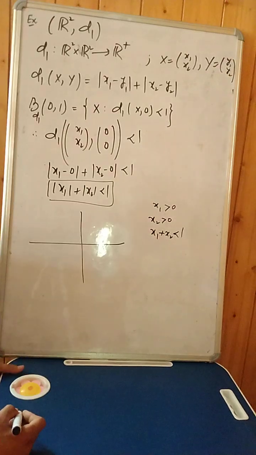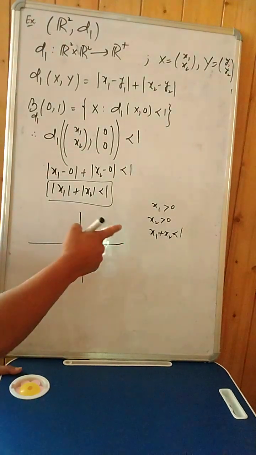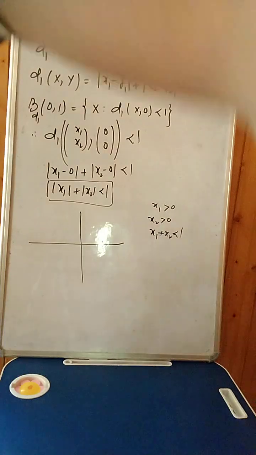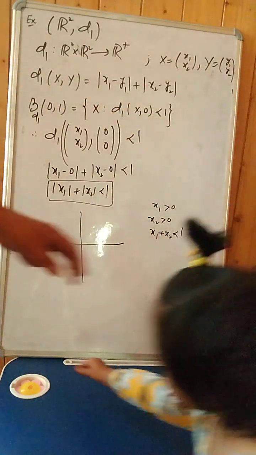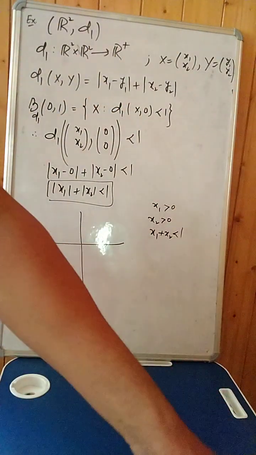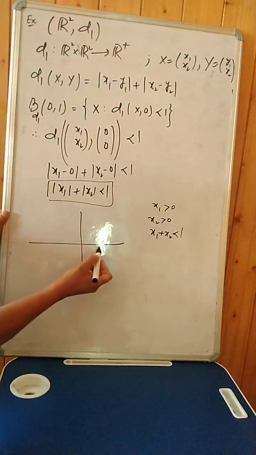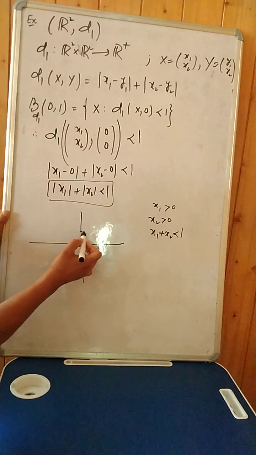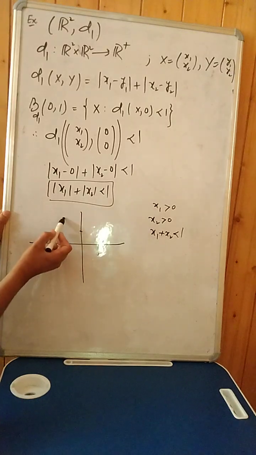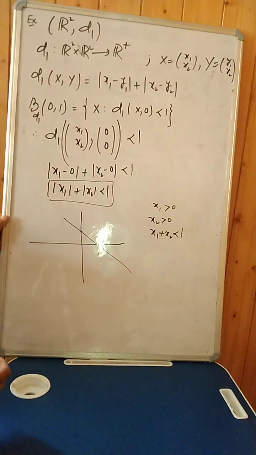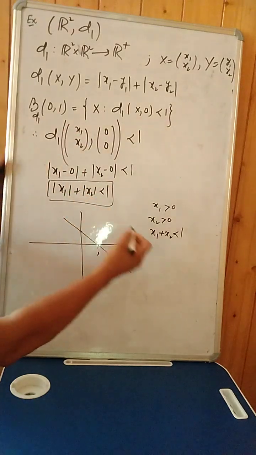That means it is a kind of straight line. This is a straight line which touches the x-axis at this point and the y-axis at this point. That means like this.